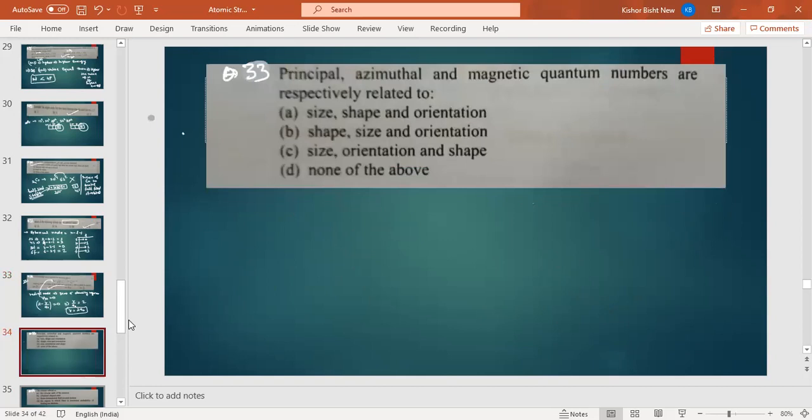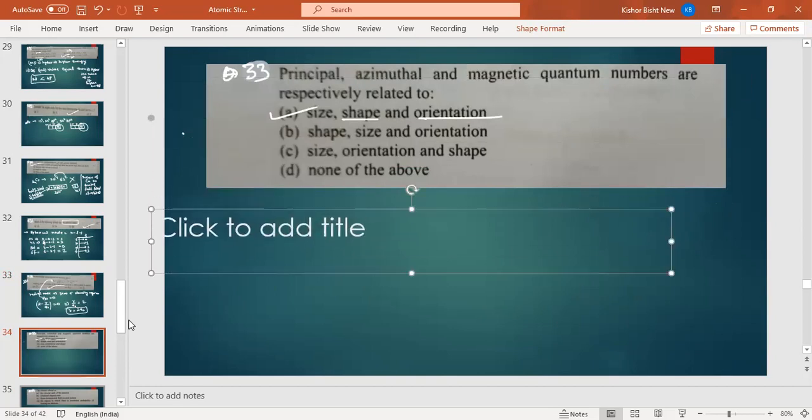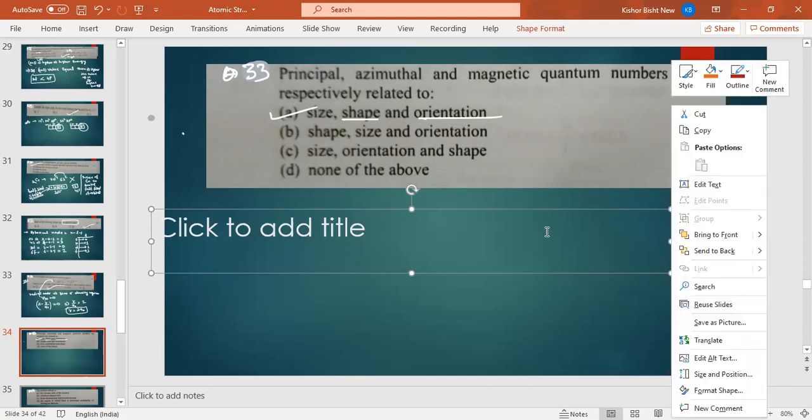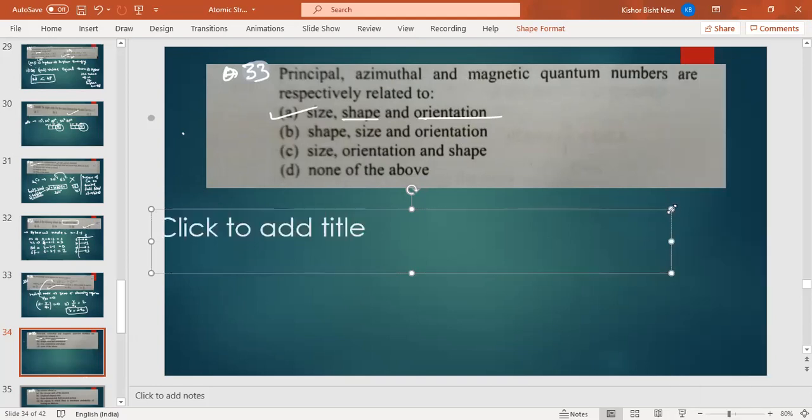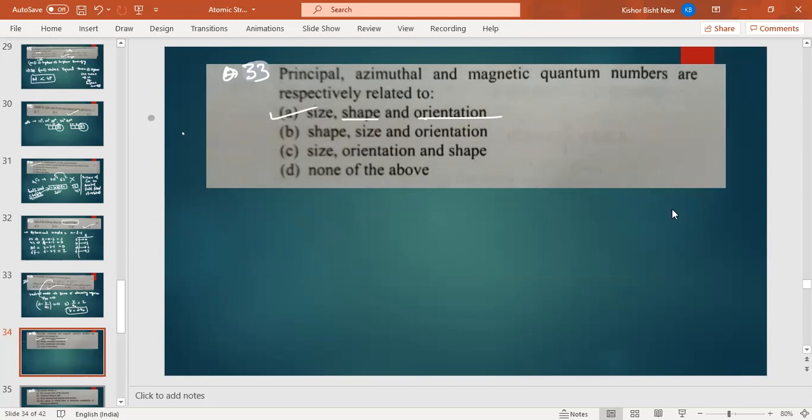Principal, azimuthal and magnetic quantum numbers represent: principal is size, azimuthal represents the shape, and magnetic represents the orientation. All of you know, the principal quantum number is represented by n.